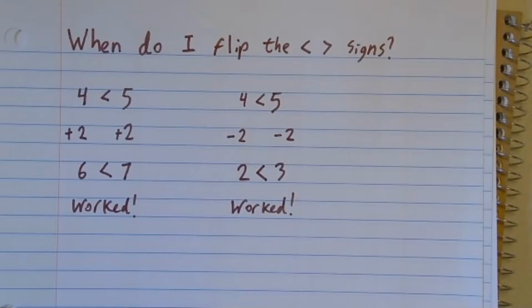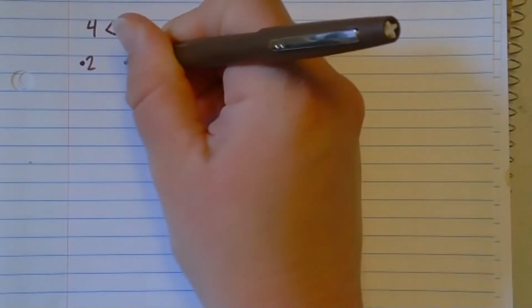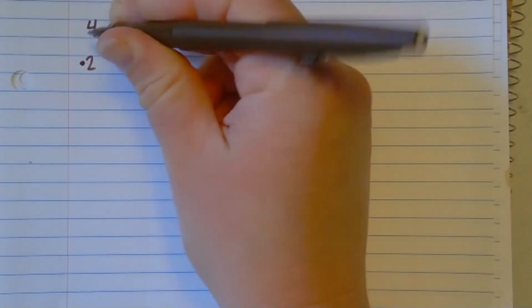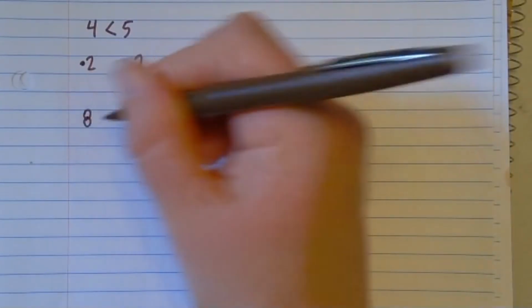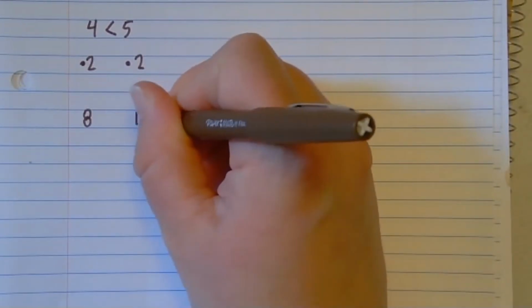So now let's look at some other operations. I'll start with 4 is less than 5. I could use any numbers here. I'm just trying to see what happens as I try things. Well, what happens if I multiply both sides by 2? 4 times 2 is 8. 5 times 2 is 10.